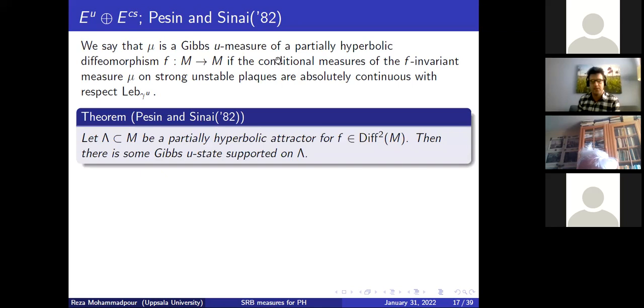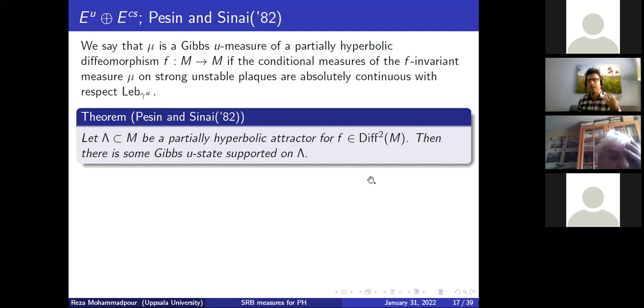So we have a Pesin-Sinai result again for these cases, with uniform expanding plus central stable, because the dual case is much more difficult than this case. What I mean by the dual case is when you have uniform contraction plus central unstable, because the SRB measure basically lives in the unstable manifold. So when you have uniform expanding, then you can use the classic technique to construct SRB measures.